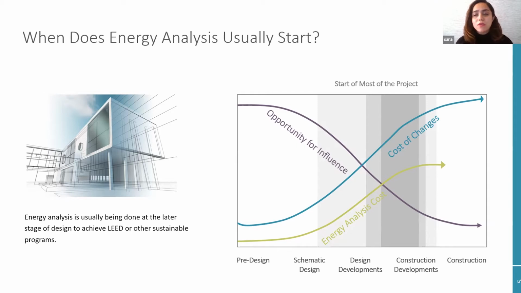Most of our robust work happens at DD and CD, and most of the projects are eager to achieve LEED or other sustainable programs like Living Building Challenge. As you can see in the graph, when we start later, which we do, we can't be that influential, and everything is very expensive regarding energy costs or even the cost of construction.